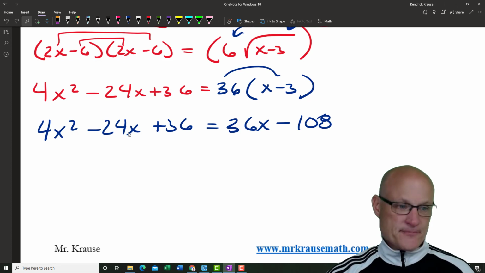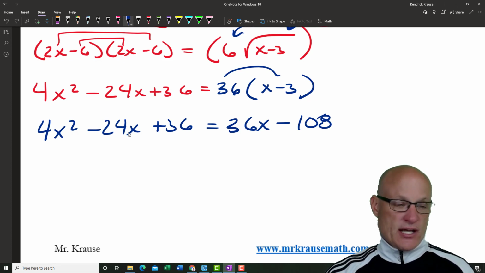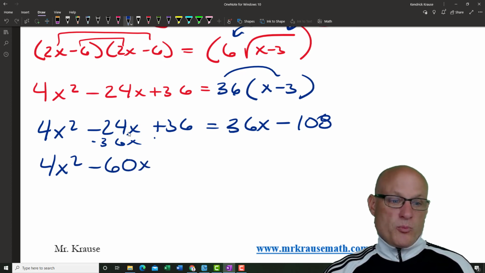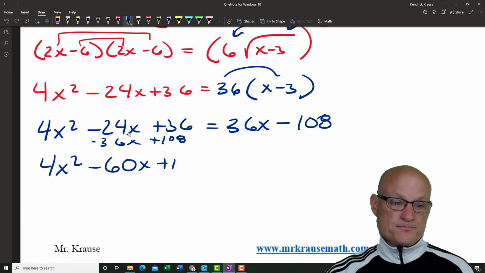Everybody knows that. Bring everything to the left side, 4x squared. Subtract 36x. Let's see, what is that? Minus 60x. Plus 108. What is that, 144?